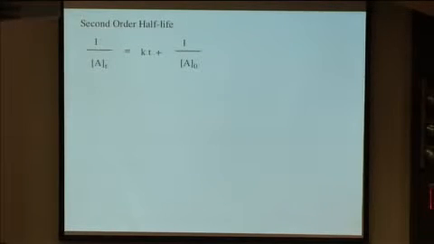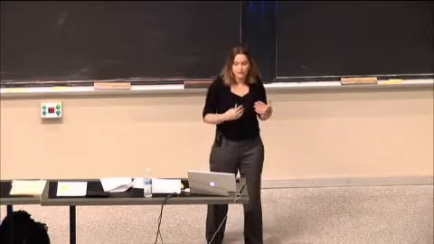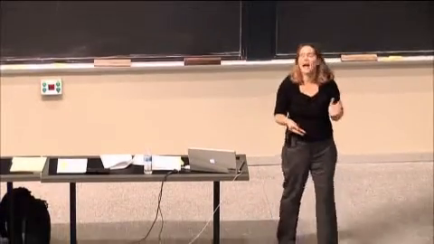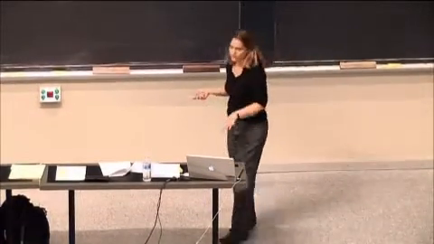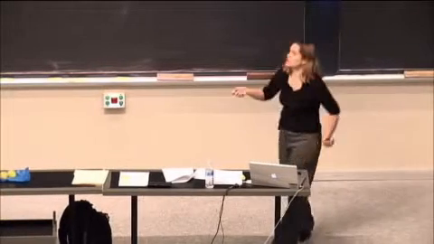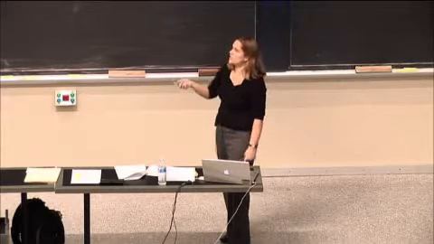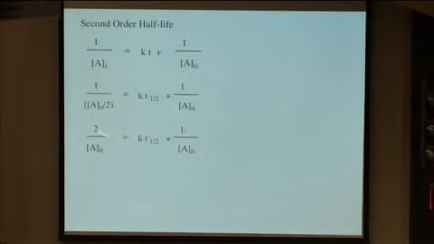So in terms of second-order half-life, we talked about first-order half-life, and for any half-life, it's just the time it takes for half of the original material to go away. So we can rewrite this and take A at time T and substitute in the original concentration divided by 2, and then we can give T a special name, T half. So that's the half-life. Now we can simplify this expression.